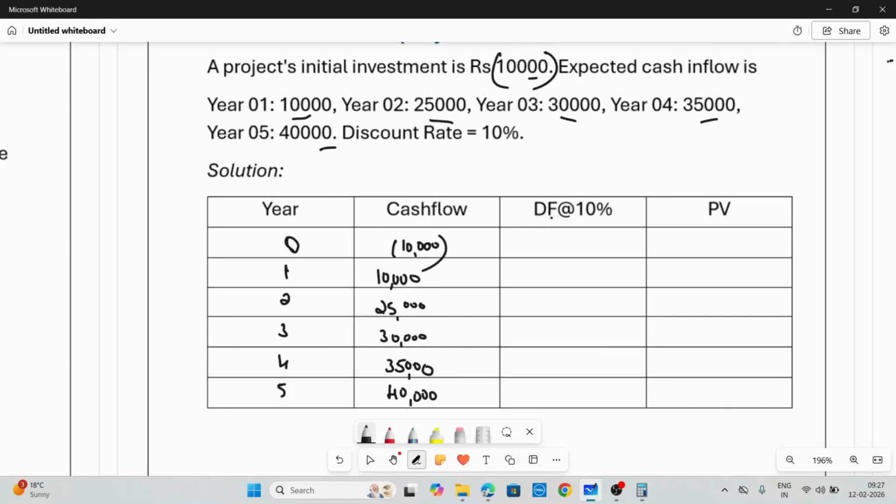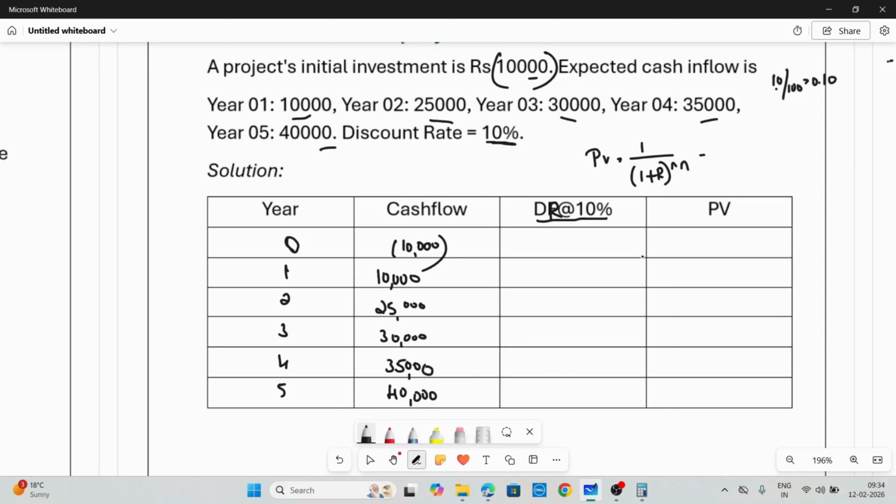Now this is nothing but the discount rate at 10%. How do you calculate the discount rate? We use the formula, right? PV is equal to 1 divided by (1 plus R) to the power of n. We should use this formula to calculate.